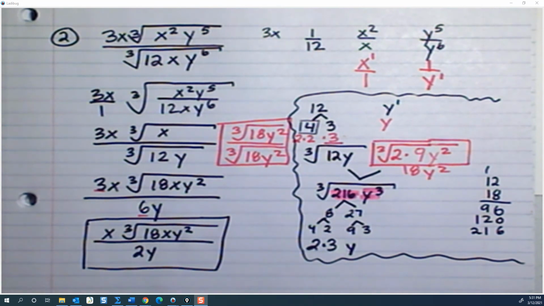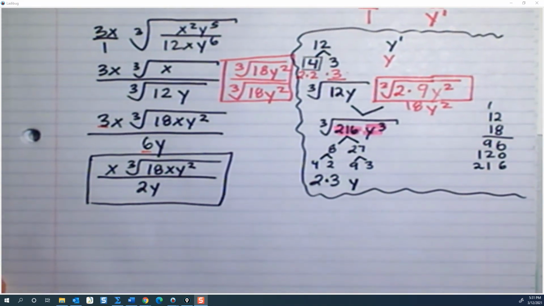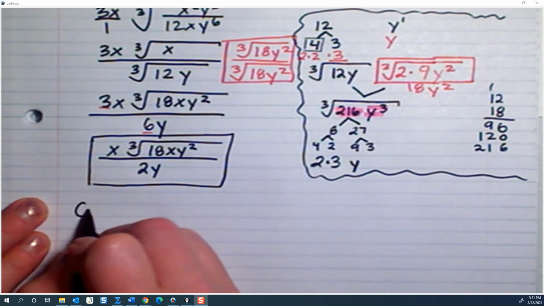Now, before I box that answer, I did look to make sure that I don't have any perfect cubes inside this radical right there. Okay, now, what should you be able to describe?